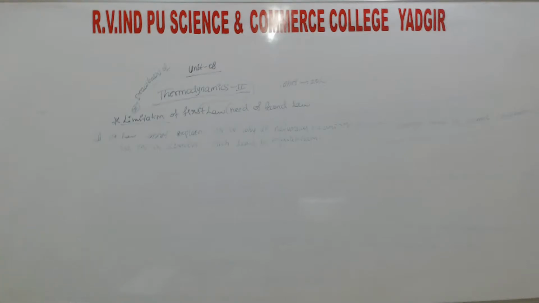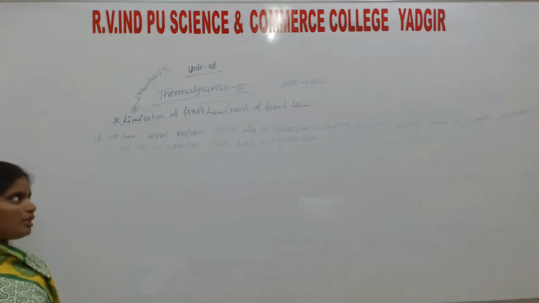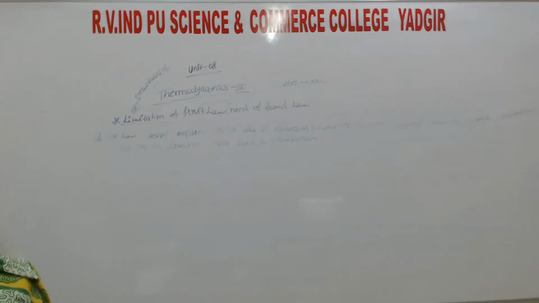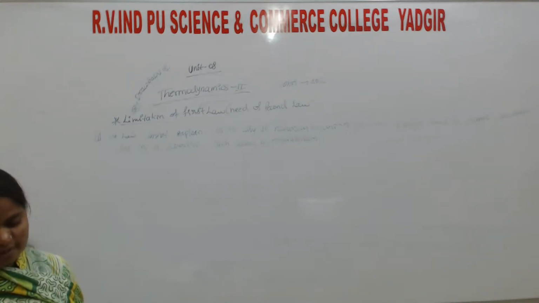Next, the fifth one. The fifth limitation is that the first law does not contradict the existence of a heat engine of 100% efficiency or self-acting machines, but on the basis of human experience, we can say that such heat engines or machines are not attainable in actual practice.